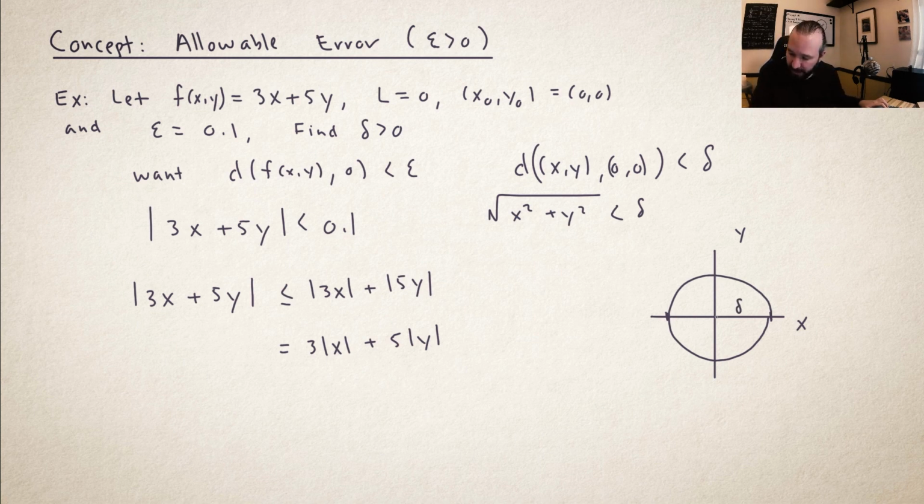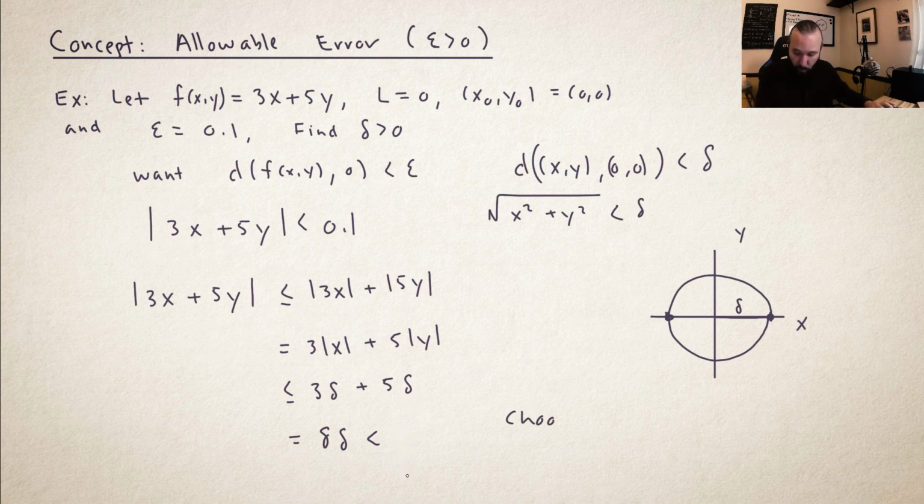So that means the absolute largest that x can be is this point right here, and the most negative that it can be is this point over here. So this means that x can be at most delta, and y can be at most delta. So what I want to require is that 8 delta is less than epsilon. And we know what epsilon is this time.